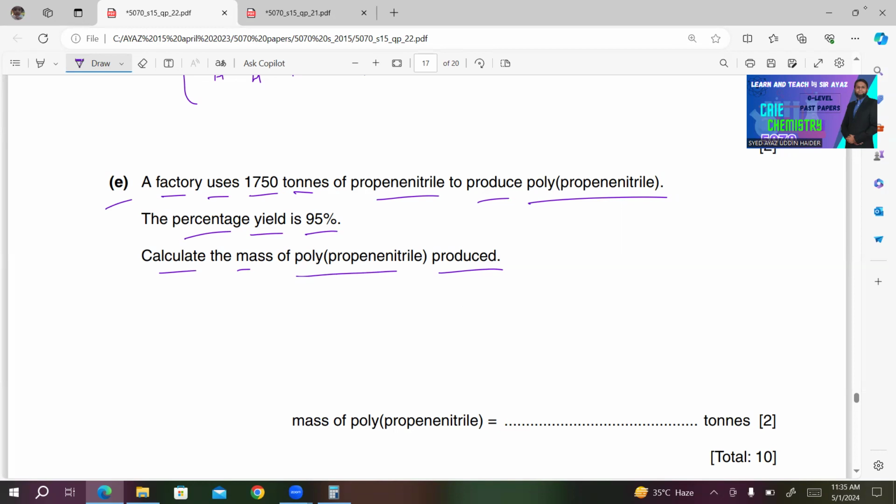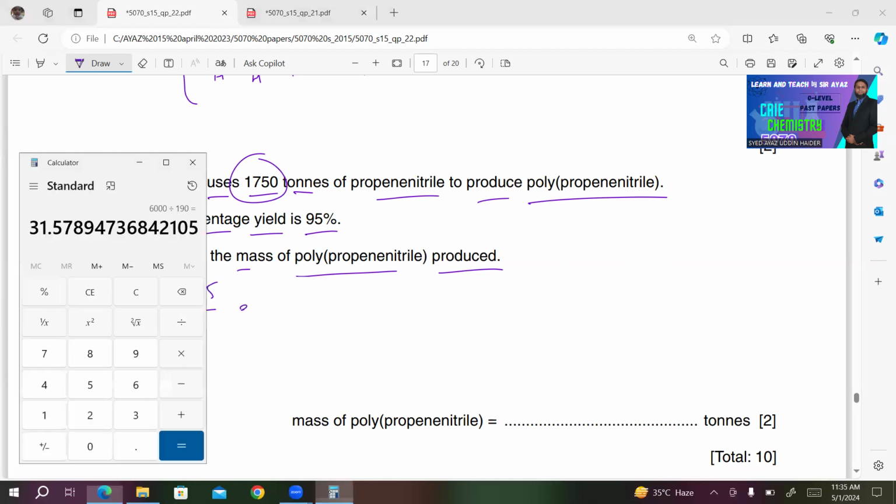So first of all, we need the mass of polypropene nitrile. It must be 1750. So you need to calculate the 95% of 1750. Simply 1750 multiplied by 95 divided by 100.